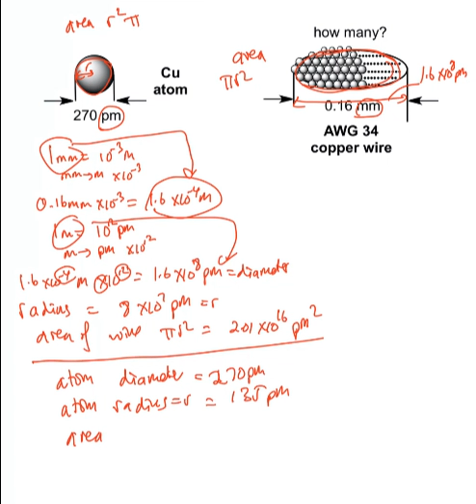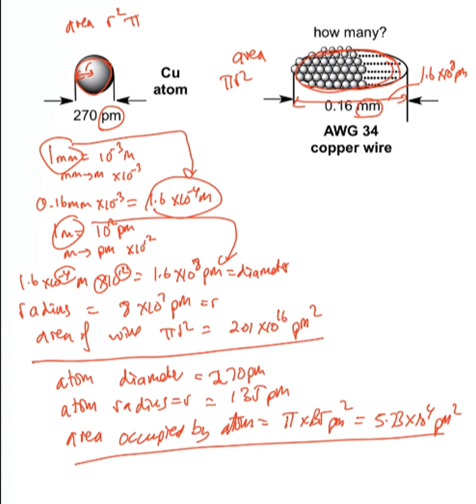Therefore the area occupied by the atom is pi times 135 picometers squared, and that's equal to 5.73 times 10 to the 4 picometers squared.